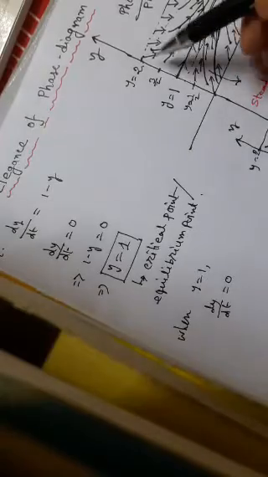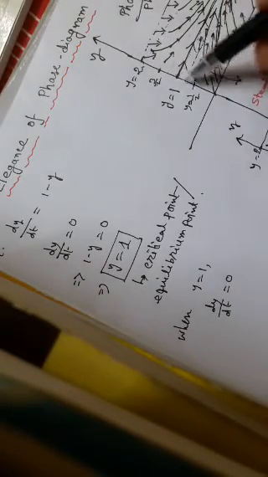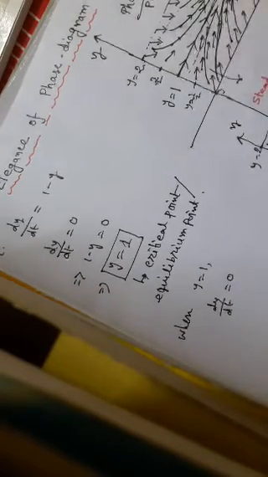So y is equal to 1 is the steady state solution. Now we have seen this in the region y is equal to 0 to y is equal to 2. What will happen outside this region? Let me draw another picture.